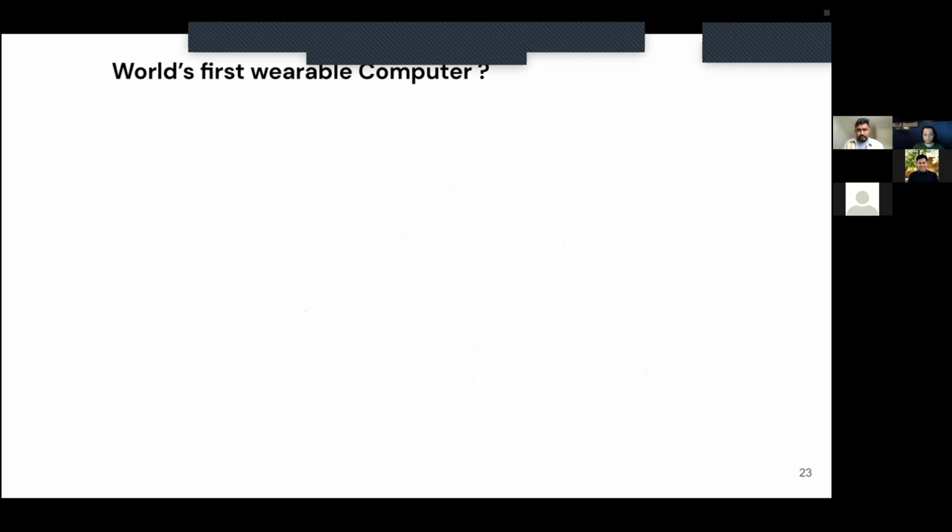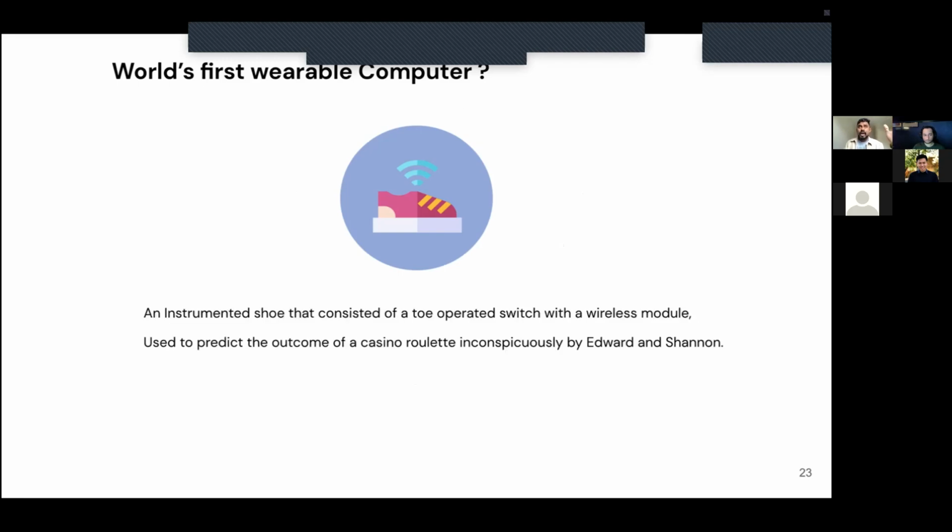Reportedly, the world's first wearable computer is considered to be an instrumented shoe that was used to communicate inconspicuously in a casino environment. It was developed by two MIT researchers, Edward and Shannon, who used a toe-operated switch inside their shoe to communicate inconspicuously to identify solutions for a casino roulette problem.